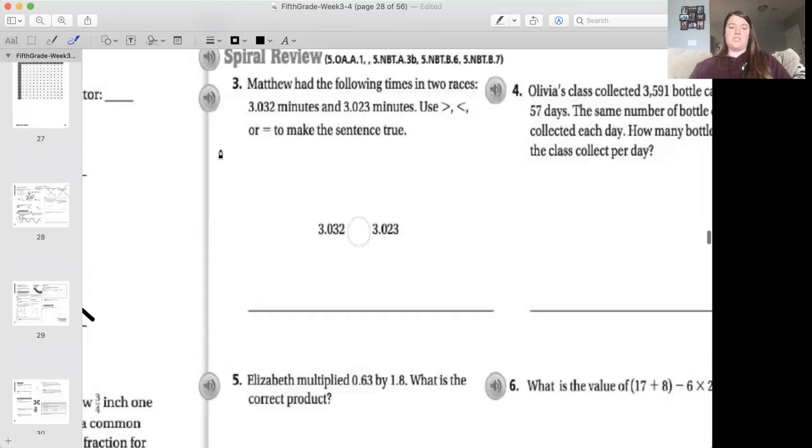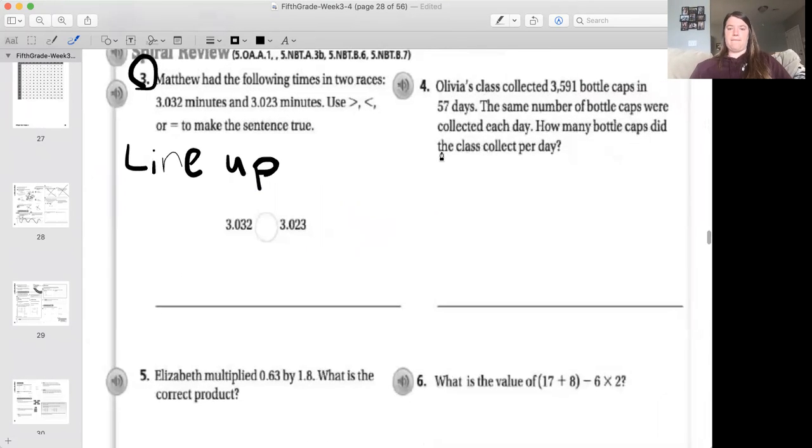I will remind you when you do this, line up your decimals, okay? And then it'll help you find it. So you do need to do number 3.